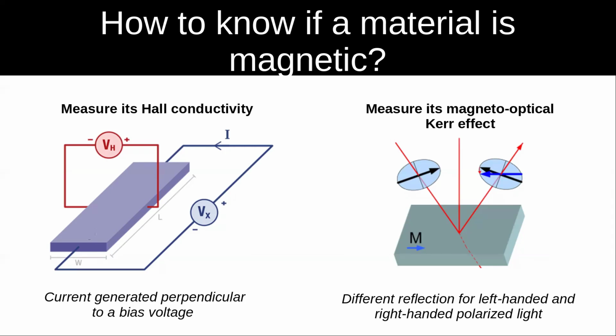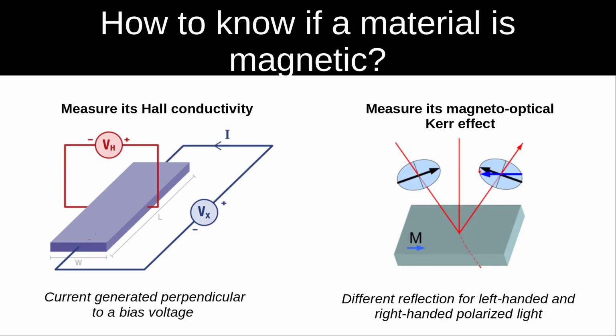That is essentially the conductivity that you observe in a system when you put a voltage in one direction and you measure current in the transverse direction. And then the other measurement is the so-called magneto-optical Kerr effect, which effectively relies on how a material interacts with left-handed and right-handed light.